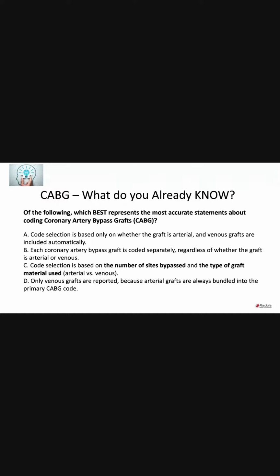C, code selection is based on the number of sites bypassed and the type of graft material used, whether it's arterial or venous. And D, only venous grafts are reported because arterial grafts are always bundled into the primary CABG code. What say you? Go ahead, type your answer in the chat.